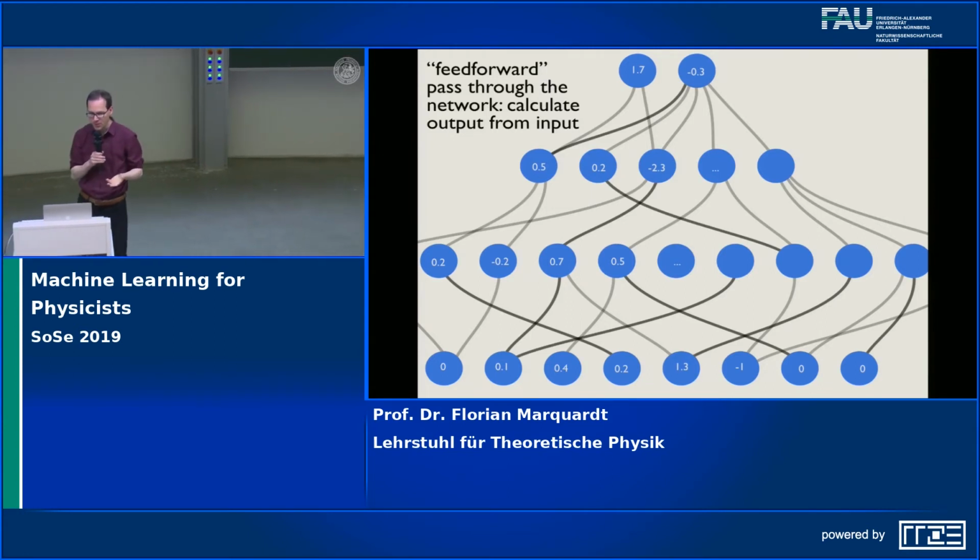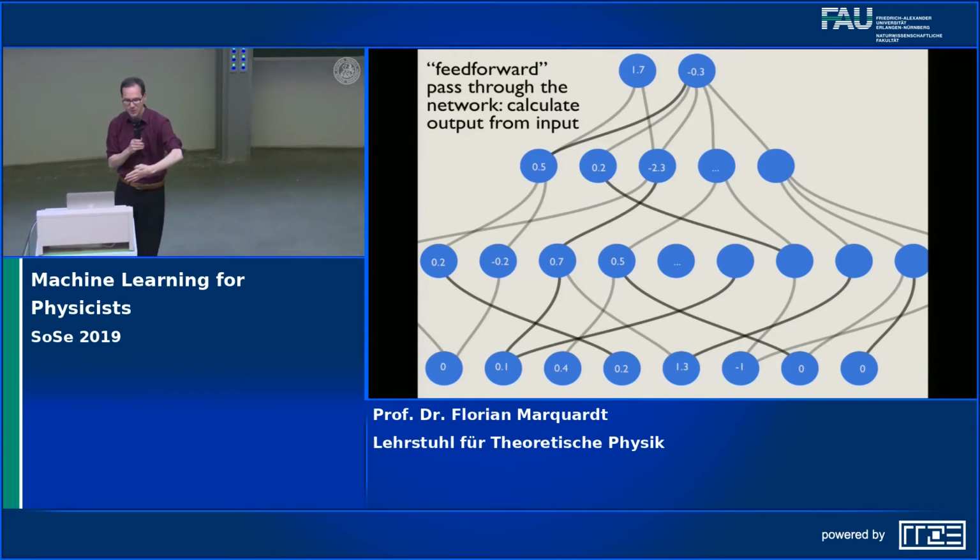It's feed forward because, well, you feed the input into the lowest layer, then you feed those values into the next layer and the next layer and so on. So it's feed forward from bottom to top. And this is, of course, also to distinguish it from what we will do in training, which is called backpropagation, which essentially does something similar but going from top to bottom. Okay, so this is clear, right? Okay, fine.